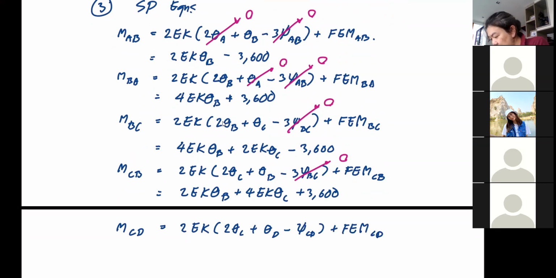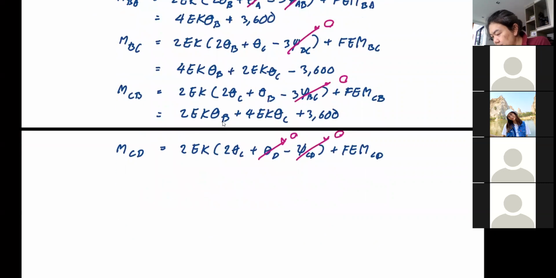But you know theta D is 0 and psi is 0. So this becomes, again, I try to keep them in the same line for ease of calculation in the future.